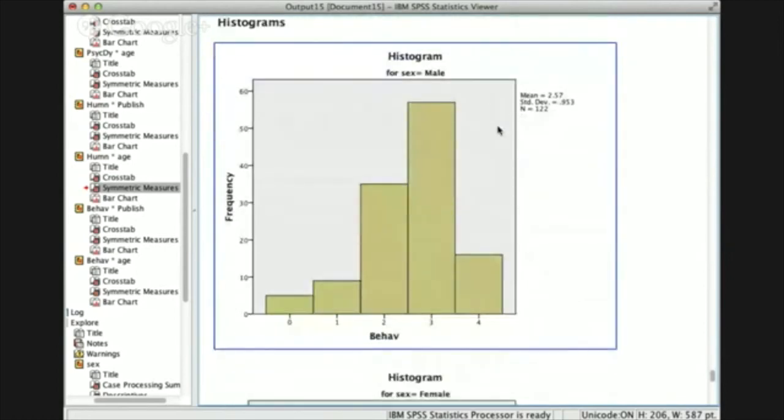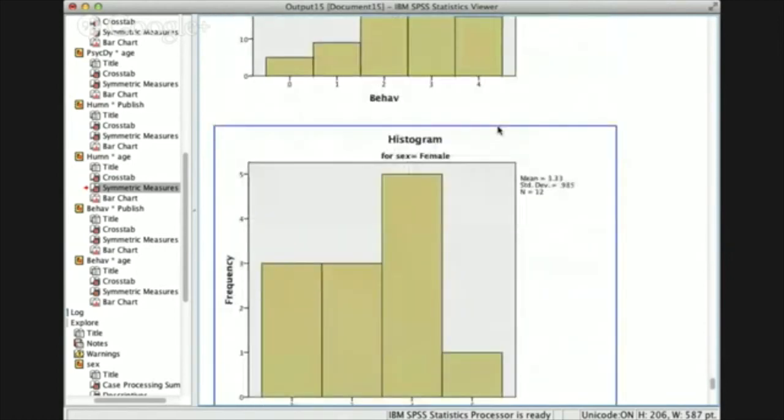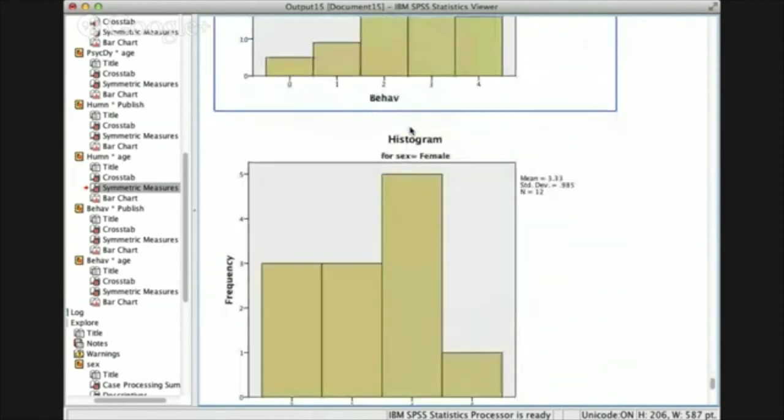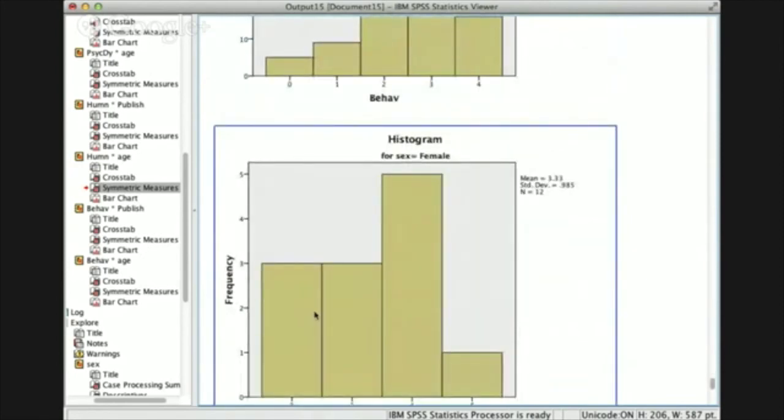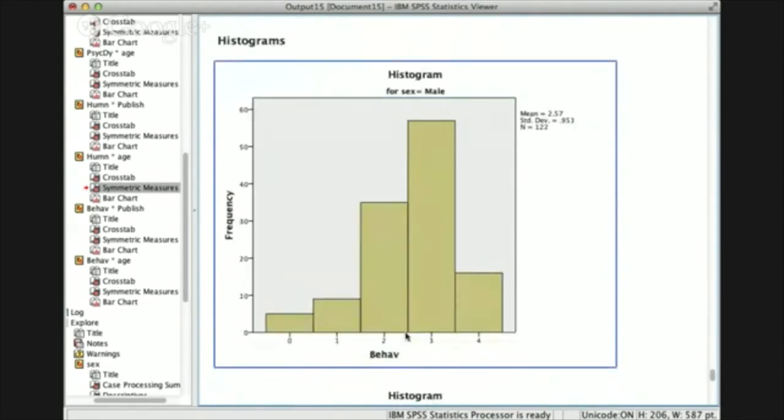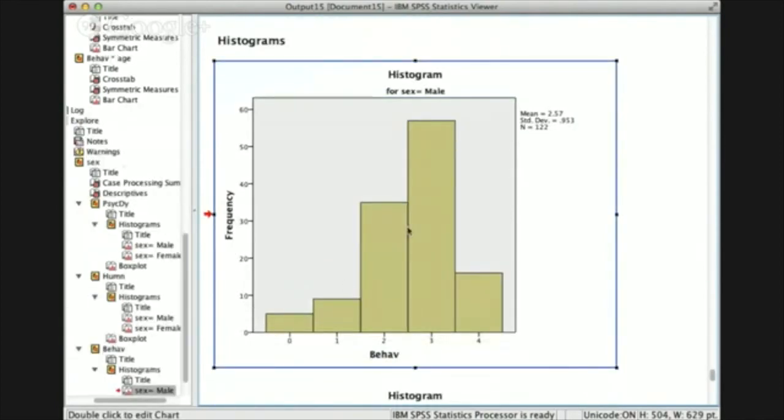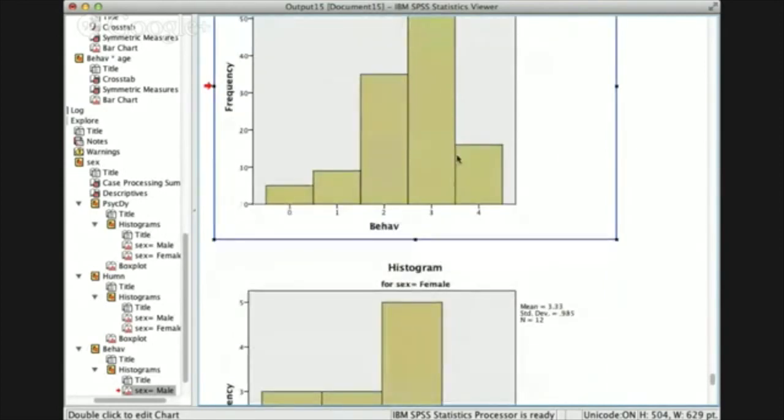And this is the behavior model for males and females. The females don't have much of a distribution. They look the same. Whereas the males have a somewhat normal distribution, even though it's skewed.